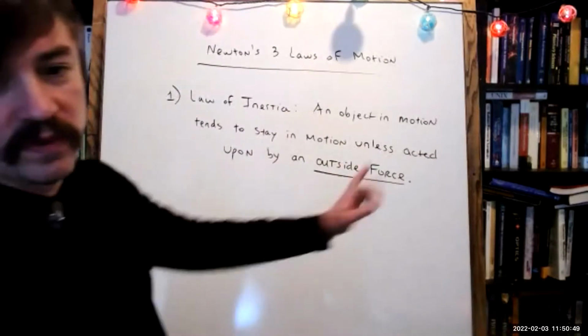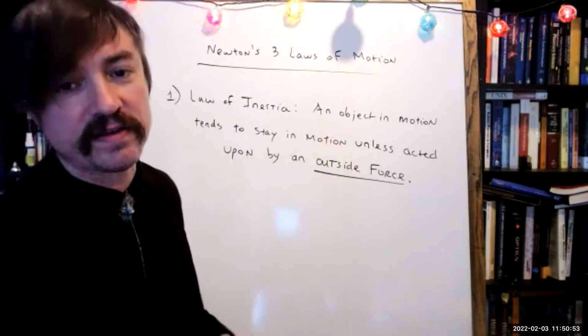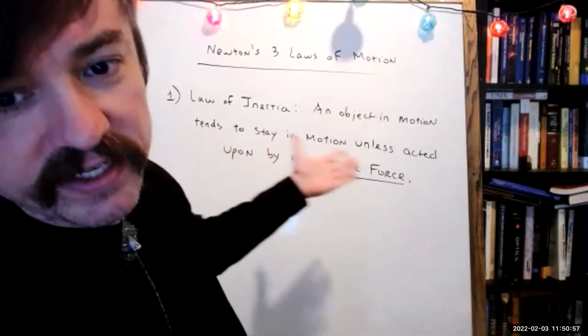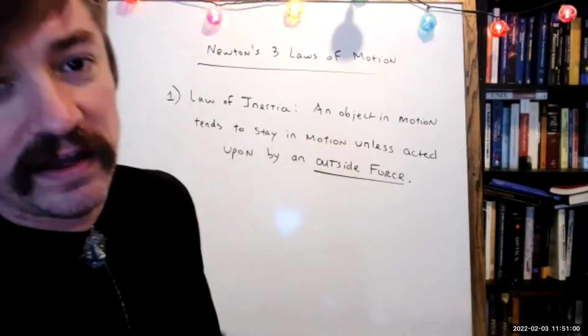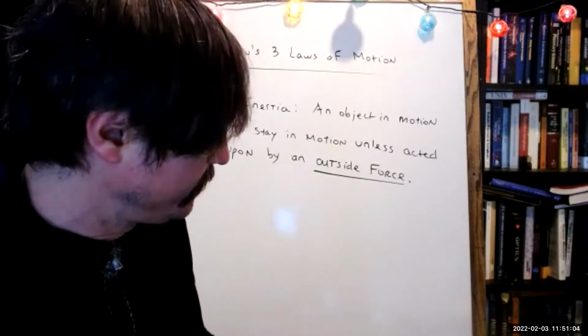In other words, forces are things which change the motion of bodies. Another corollary to this is an object at rest tends to stay at rest unless acted upon by an outside force. I believe Newton expressed it in both ways.